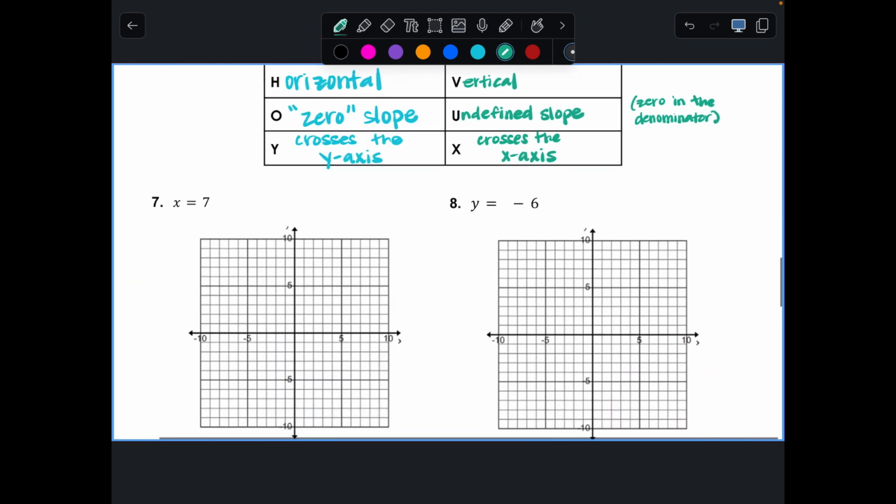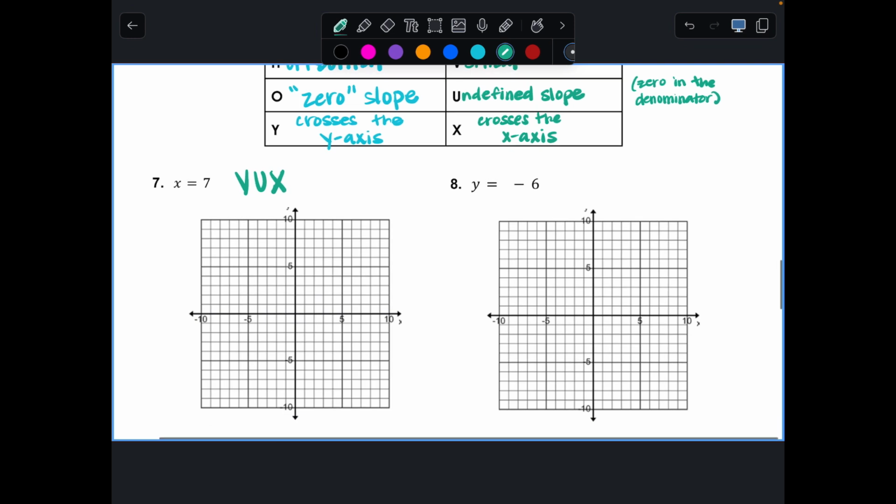So number 7 is x equals 7. So this is VUX. It's a vertical line. The x-intercept is at 7. And you're just going to draw a vertical line there. You only need to plot 1 point.